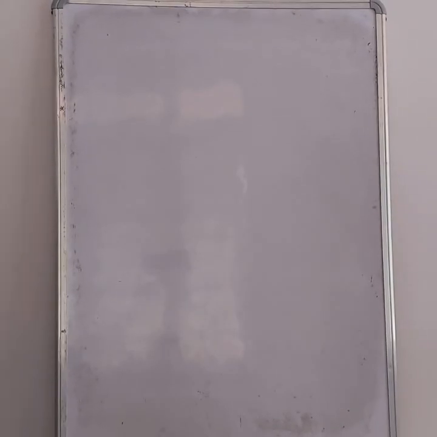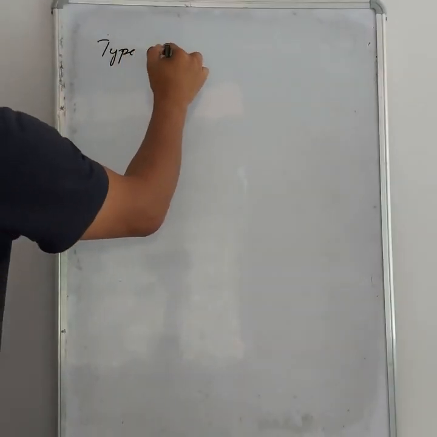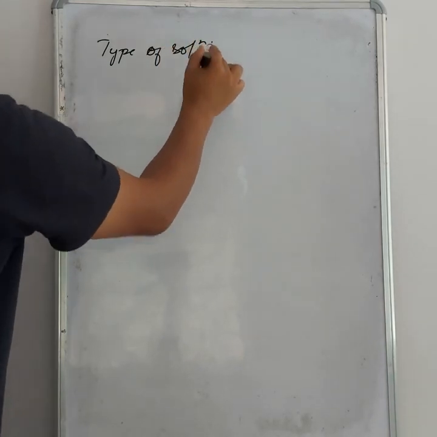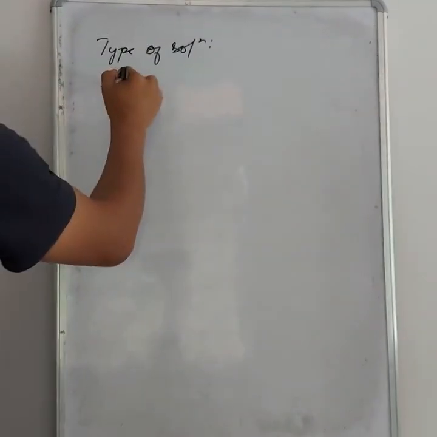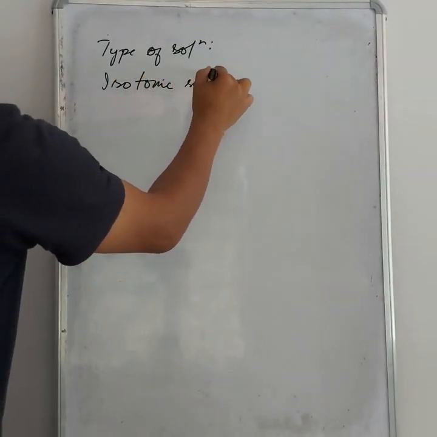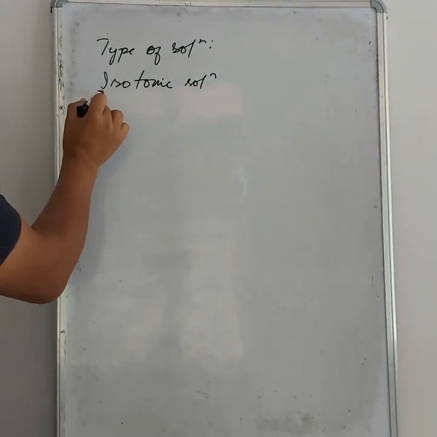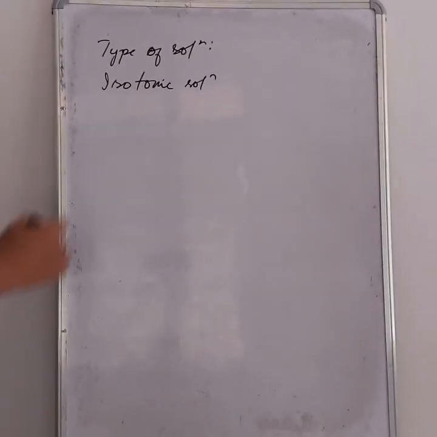Okay, now the last topic is types of solutions. First up is isotonic solution. Isotonic solution means two solutions that have the same osmotic pressure are called isotonic solutions.